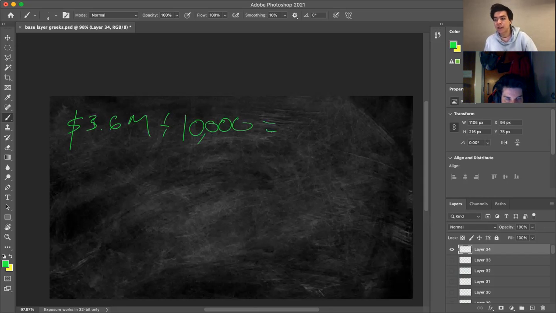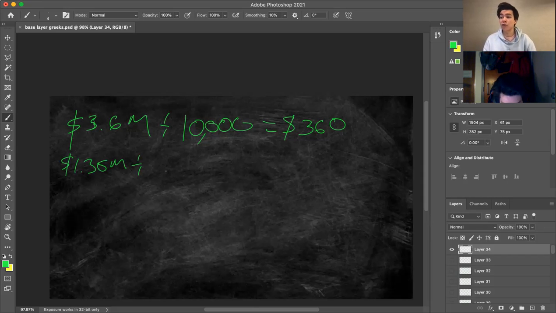and we get $360. You want to do that for each activity. So what do we do for the next two? Would you do the 1.35 million divided by 300? Exactly.